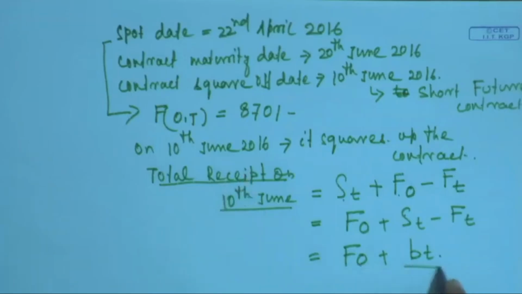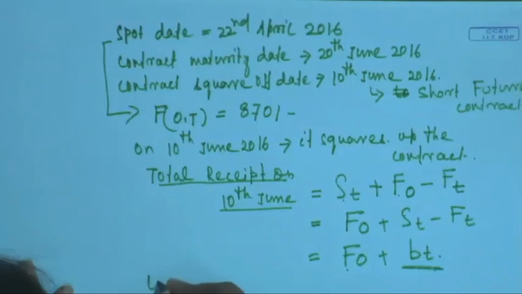Depending upon how BT is moving, the trader may get more money than F0, or may get less money than F0. This is what we discussed as basis risk from the short futures point of view.